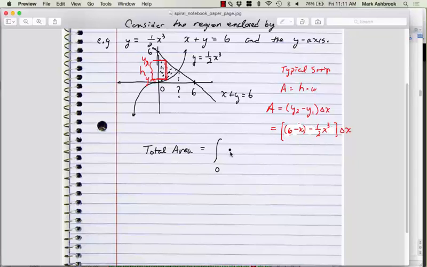We're going to add up all the strips, and each strip is going to be 6 minus x minus 1/2 x cubed dx. That whole thing is like dA, a little strip of area. We want to sum up all of those, starting at 0, ending at the edge of the region.